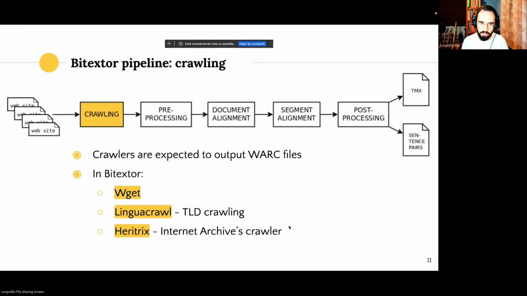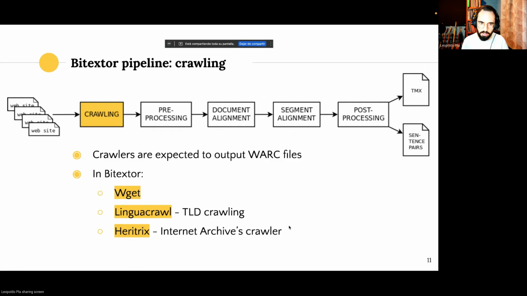Okay, there are lots of crawlers nowadays, but I think the most common ones that can mirror a whole domain or a huge set of URLs are wget, LinguaCrawl, and Heritrix. Wget is the one that I think everybody knows, as it is the one you can use in your terminal to download any file, like a kernel.